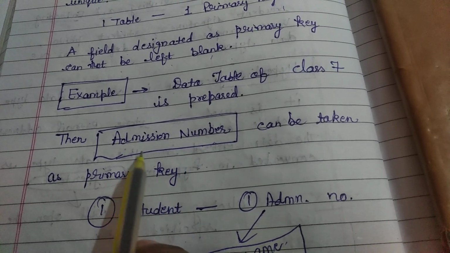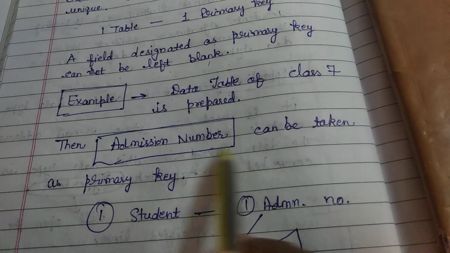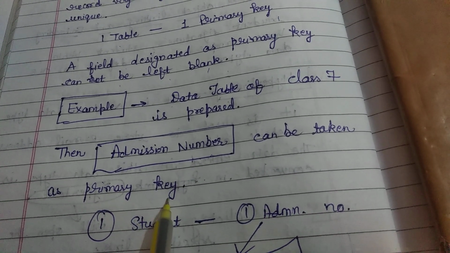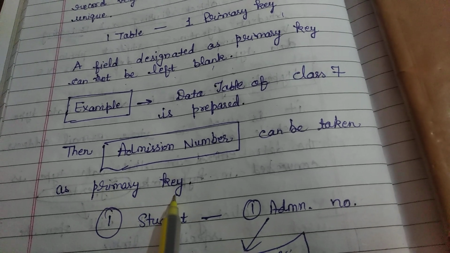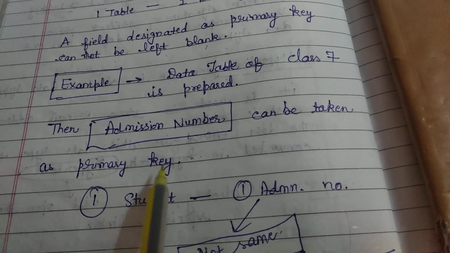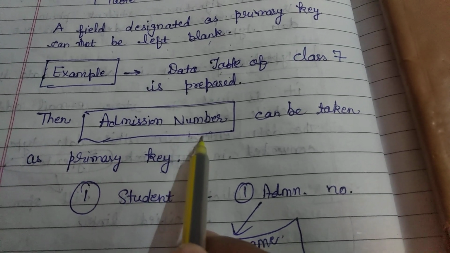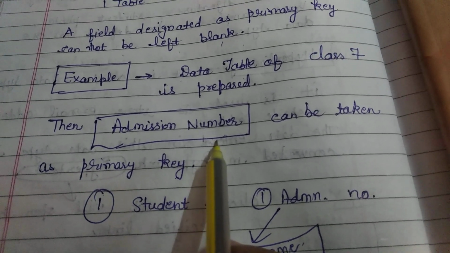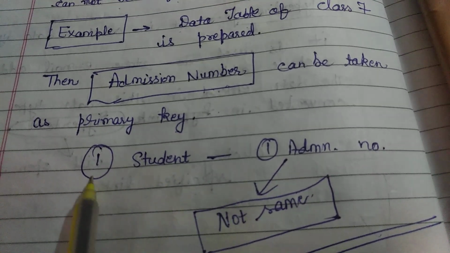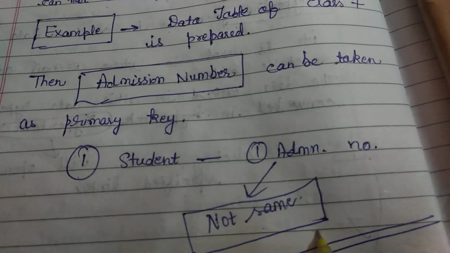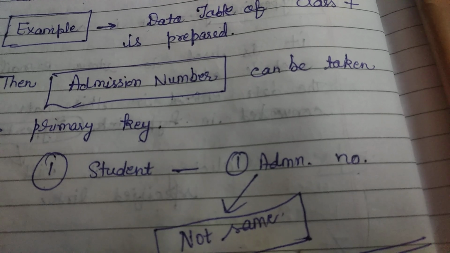Got it? Admission numbers are different, so it can be taken as primary key. And if you want to search the record of a particular girl, you will enter the admission number and the record of that girl will come.